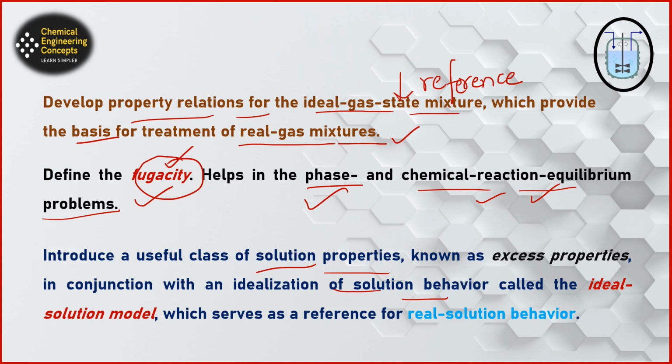So how excess properties are used in solution behavior, and how reduced properties are used for ideal gases, we will discuss all of this, right? So our aim remains the same: that we will develop some ideal solution models, and these models will be used as a reference for the real solution behavior.